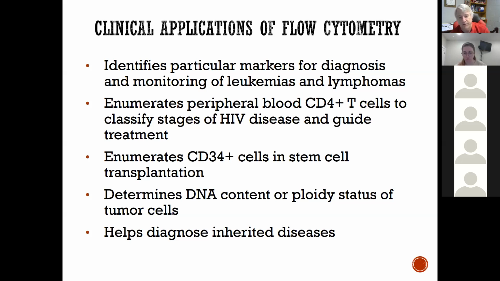We can do counts of the peripheral blood CD4 T cell. This is for HIV. We've harped on that just because that's the most used aspect of this technology. We can do CD34 stem cell transplantation, right? That's that hematopoietic stem cell that doesn't know what it wants to be when it grows up. So when you transplant stem cells, you see this with NBA players.